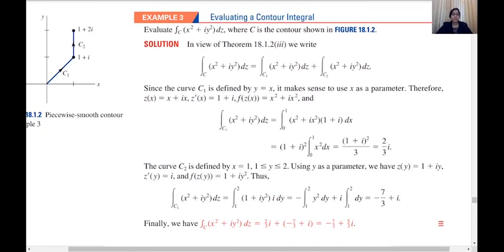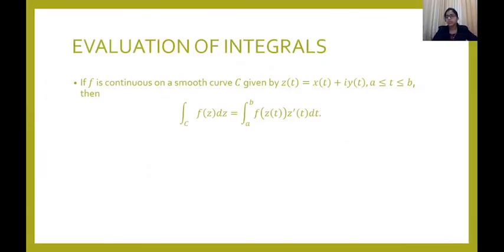So in this lecture what we had discussed is how we can evaluate the corresponding integrals of complex variables. We had discussed three methods. One was by just substituting z of t is equal to x of t plus i y of t. Correspondingly x and y will be given to us and we just have to solve it.